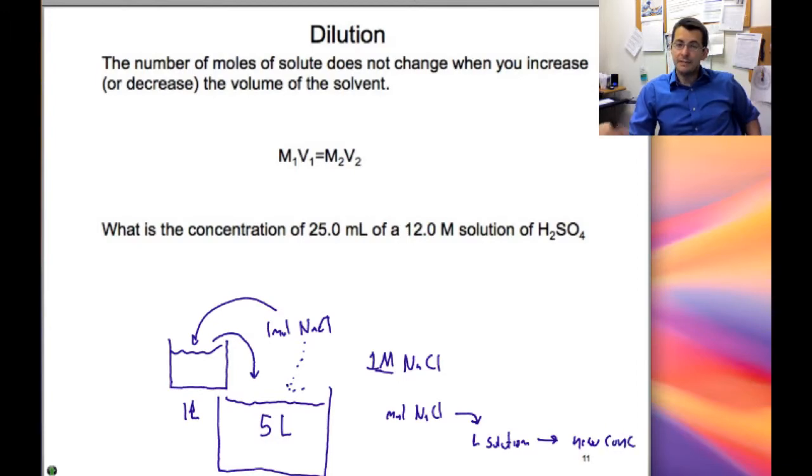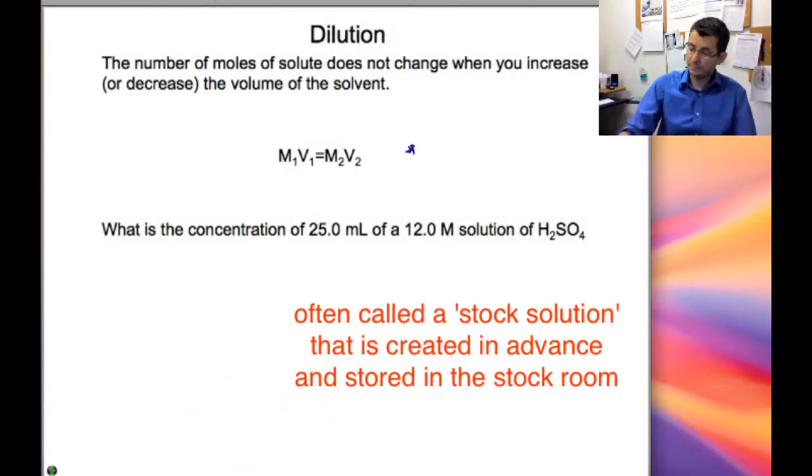But we can also take advantage of the fact that when you have a known concentration and known volume, there is an equation shown here that relates the molarity and the volume of one solution with the molarity and volume of another solution where you've added more liquid. So let's take a look at what I mean by this.